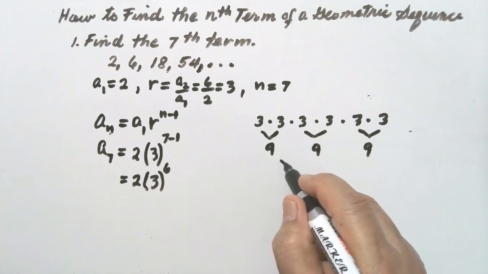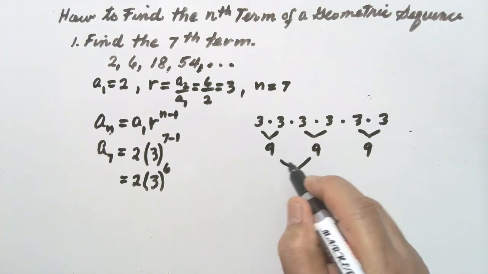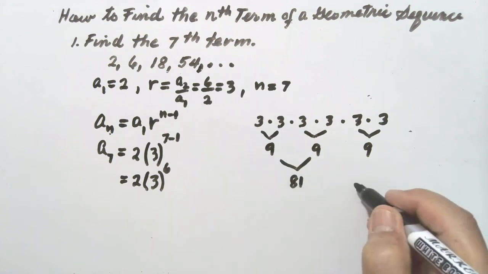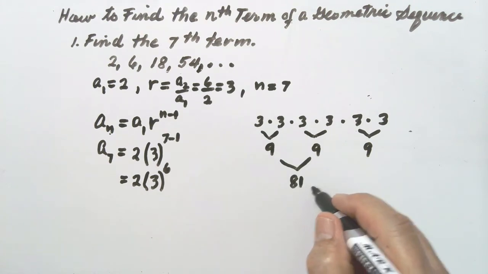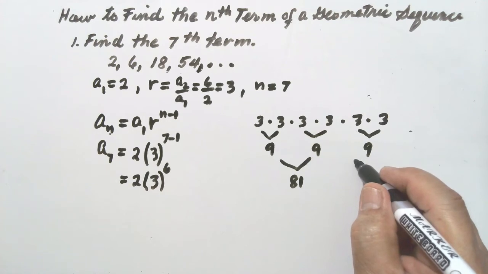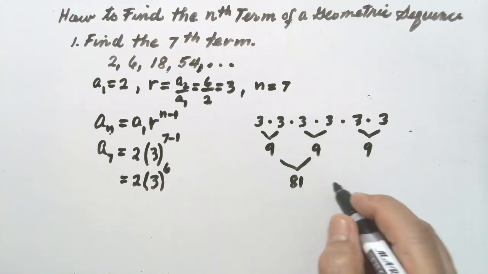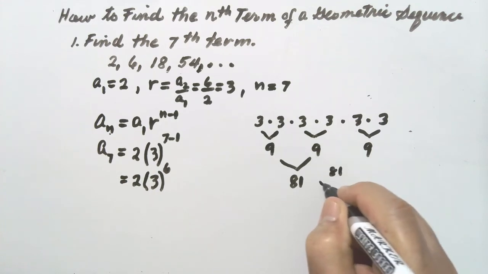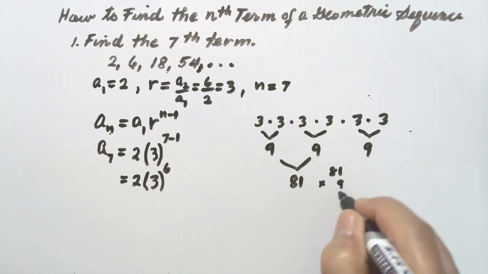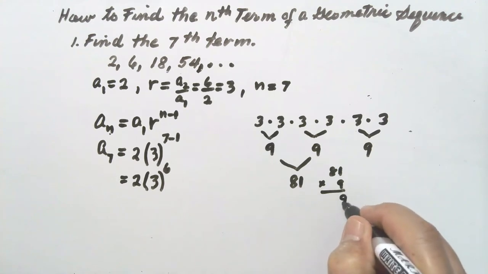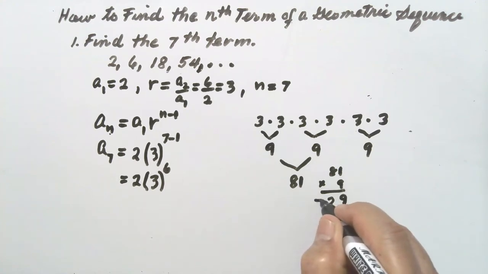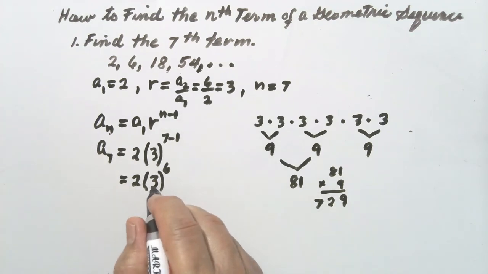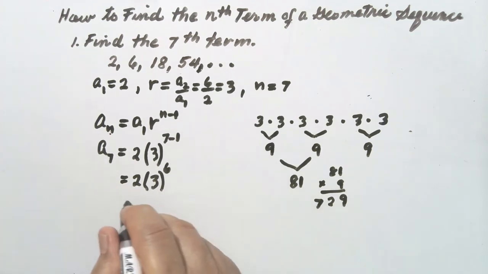And then multiply 9 by 9, which is 81. And then multiply 81 by 9. 81 times 9 is 729. So 3 raised to 6 is 729.